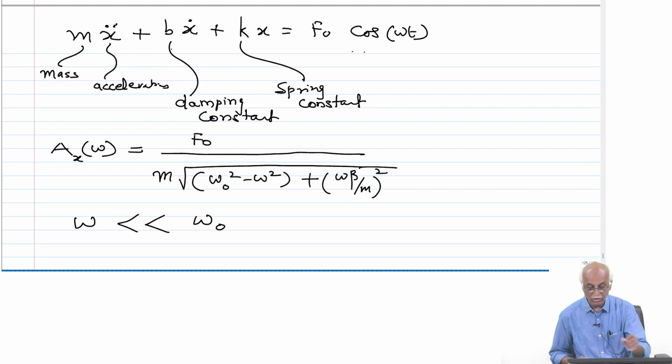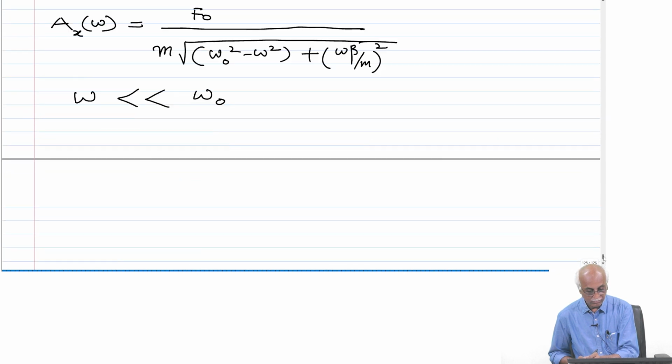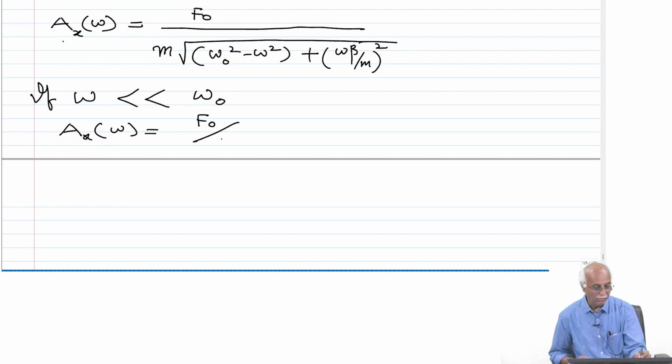It corresponds to the cantilever beam's resonance frequency, is it not? If omega is much lesser than omega 0, we can approximate this, where A represents the amplitude of this vibration. So in terms of displacement, we can say the amplitude can be represented by f0 by m omega 0 square, approximately.